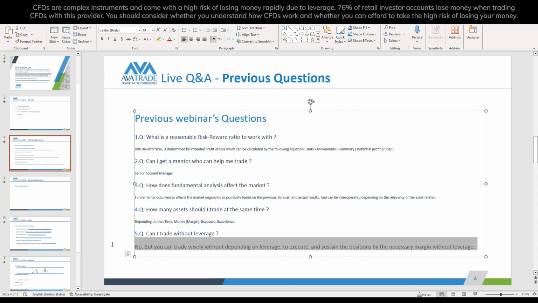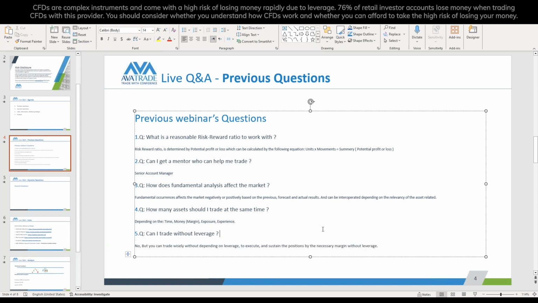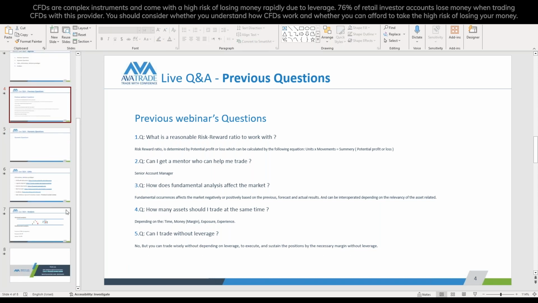In other words, if I take a position that's worth $2,000 and I have $2,000 in my account, I'm trading with leverage, but I'm not depending on the leverage. You can do that. It's up to you. It depends how you strategize and how you trade.